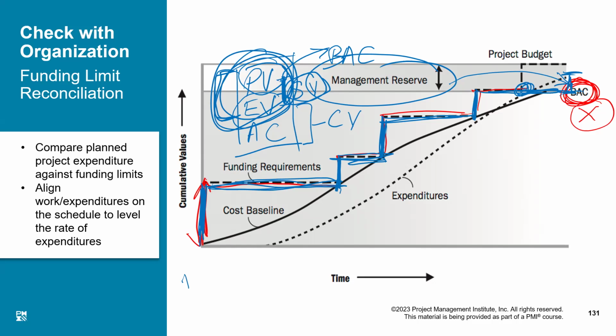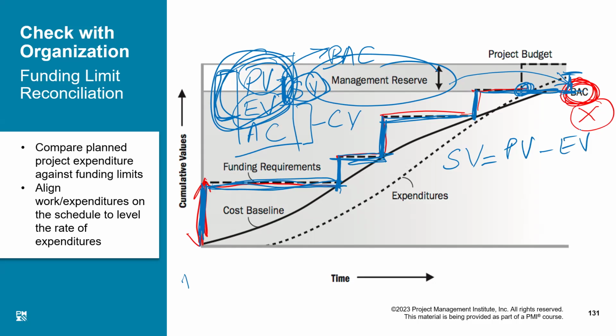So if I ask you, what should be the formula for schedule variance? What would you say? The difference between these two values, PV and EV. What is that? Planned value minus earned value. You say planned value minus earned value.